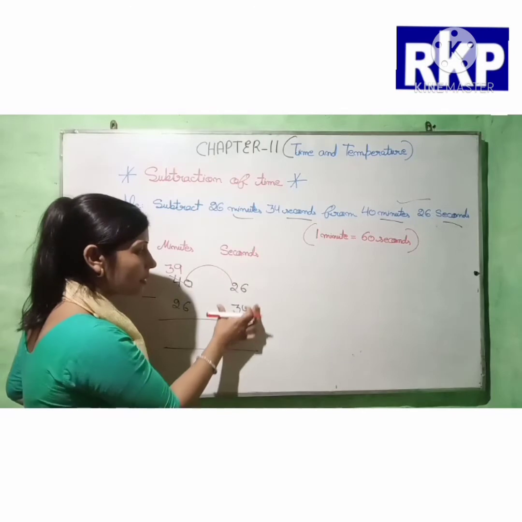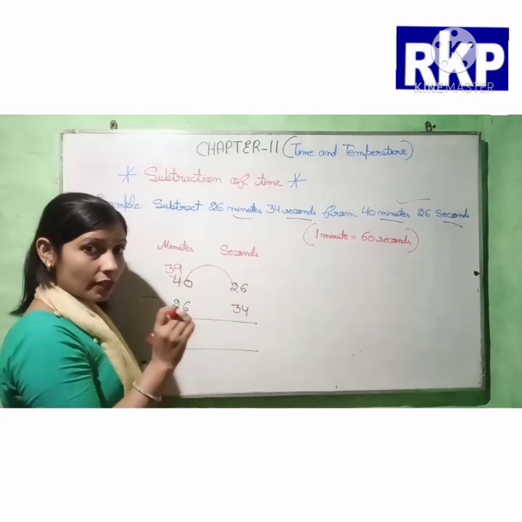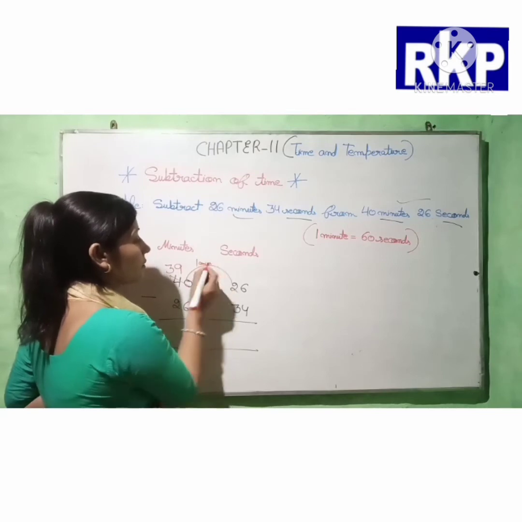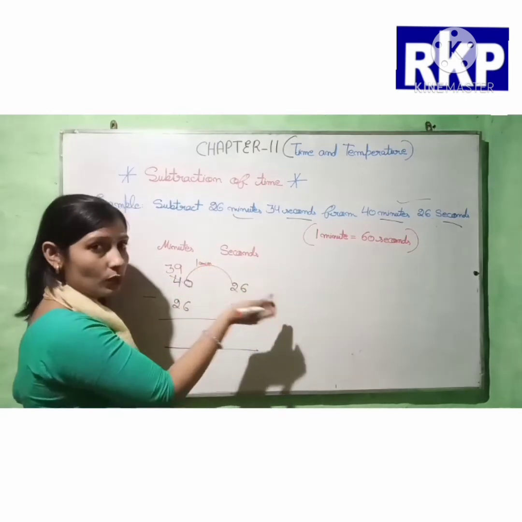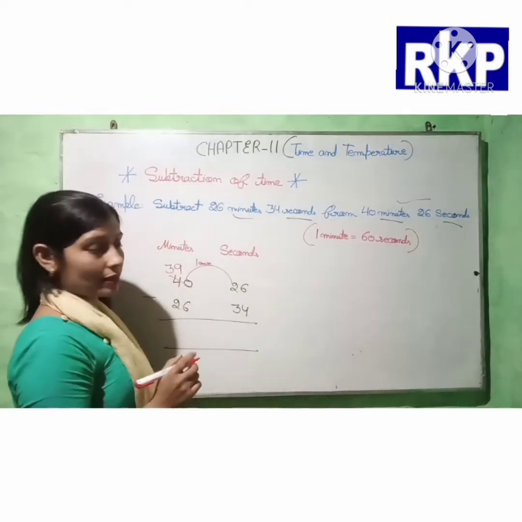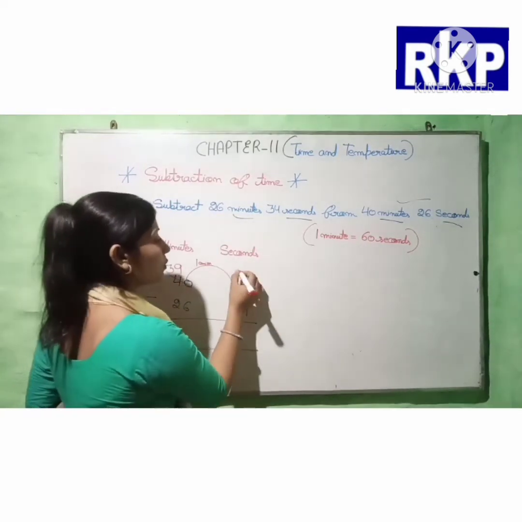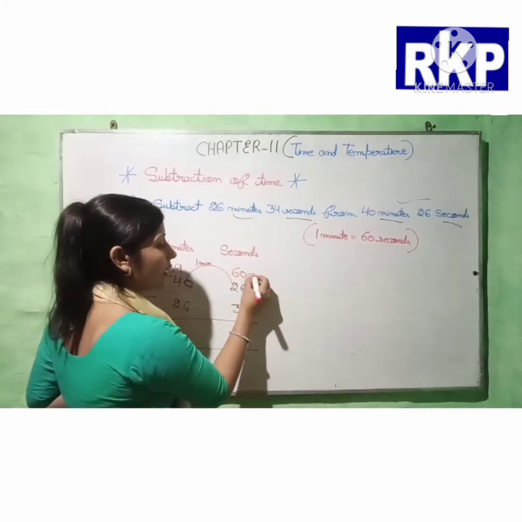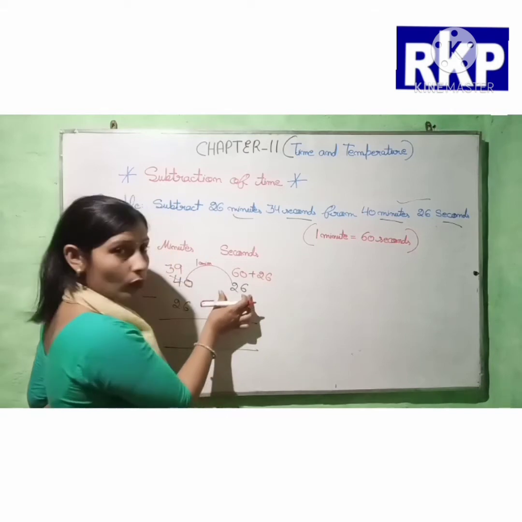So here in this column we have seconds. Okay, so here beta we need to convert this 1 minute into seconds, and we know 1 minute is equal to 60 seconds. So here we have to write 60 seconds, and here 26 we have already.